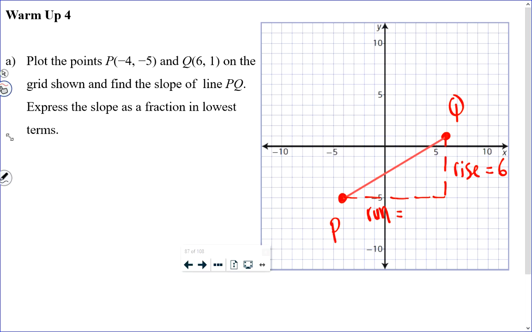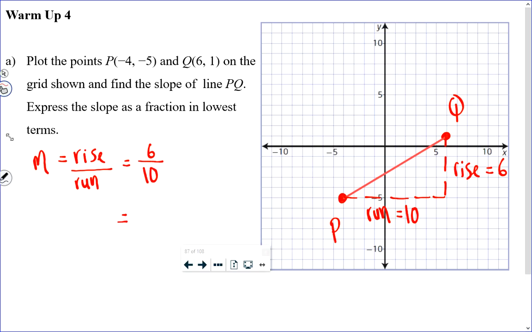When I look at the run, I can count the squares. Starting at P, I go over 1, 2, 3, 4, 5, 6, 7, 8, 9, 10. And now we can find the slope. This is really not a difficult problem. The slope is the rise over the run, which is equal to 6 over 10.